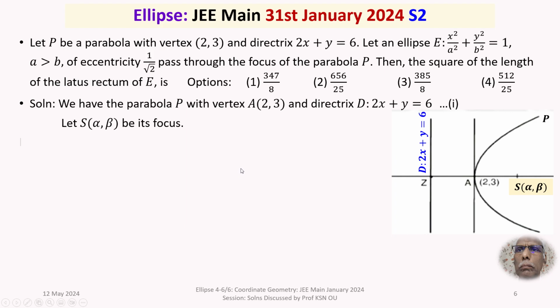Now, let the point of intersection of the axis AS, the axis of this parabola, and the directrix D be Z. We want to find the coordinates of Z, and having obtained the coordinates of Z, we can find out the coordinates of S.